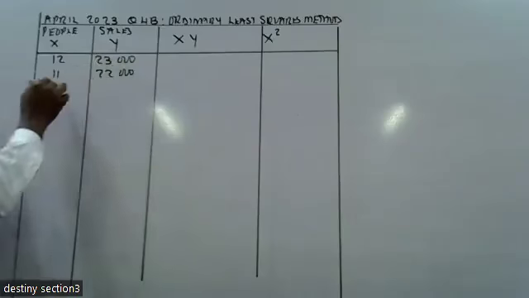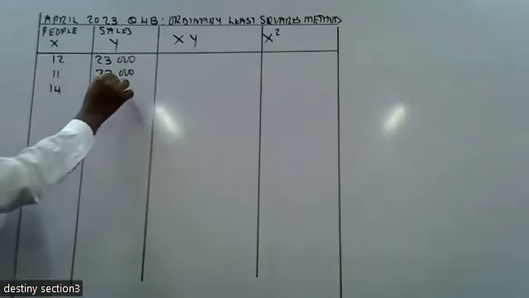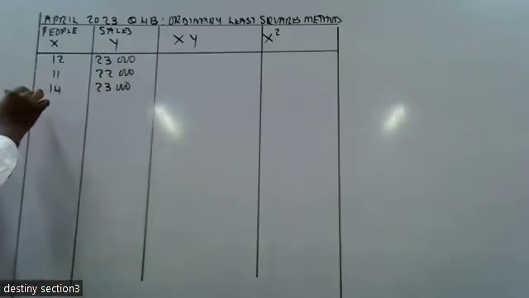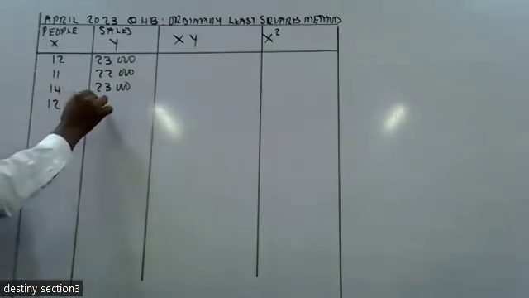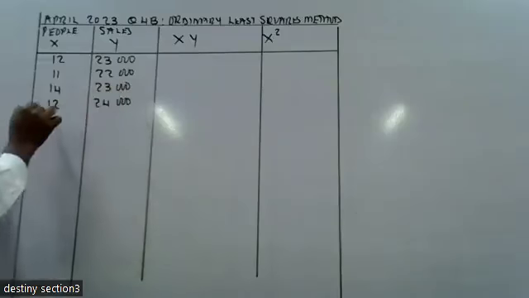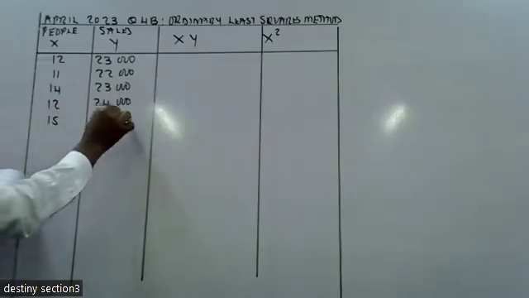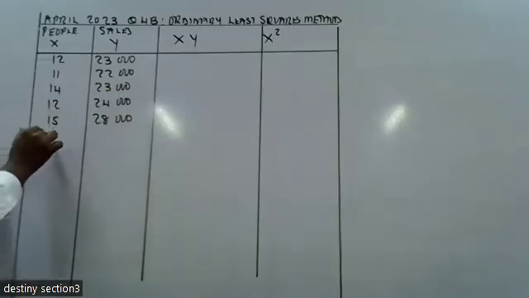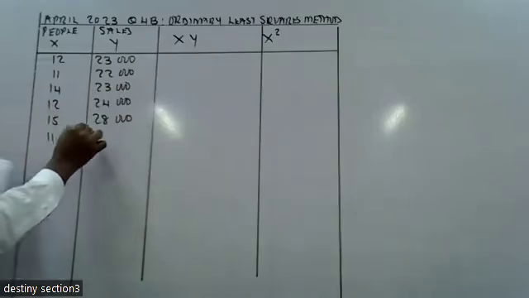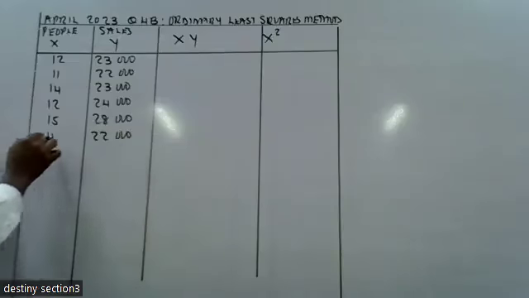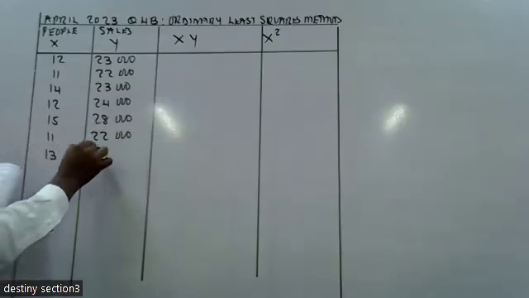The data must be in the same form. 14 and 23,000. 12 and 24,000. 15 and 28,000. 11 and 22,000. 13 and 23,000.